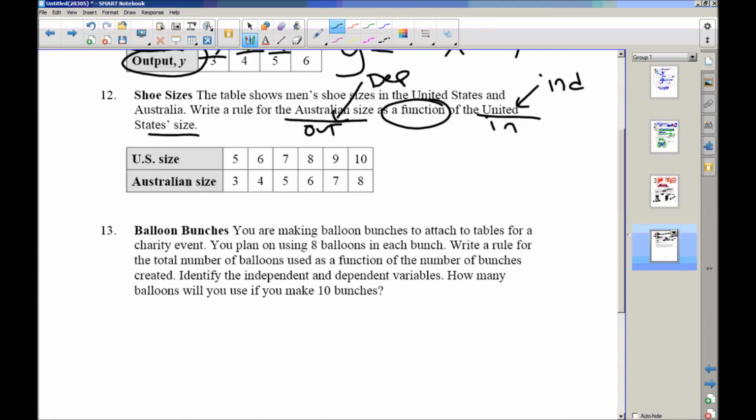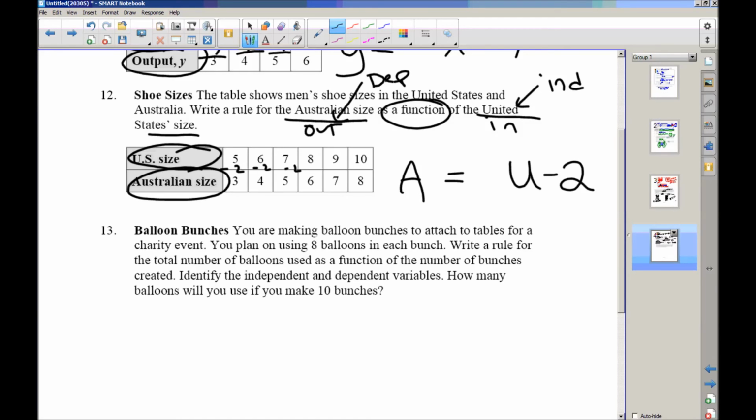All right, so that means our US sizes, which are our inputs here, are going to go on this side, and our Australian sizes, which are our outputs, are going to go on this side, okay? Because Australian is the output. And what we do for each one of these is just subtract 2. So this is going to be the US size minus 2 will give you the Australian size.